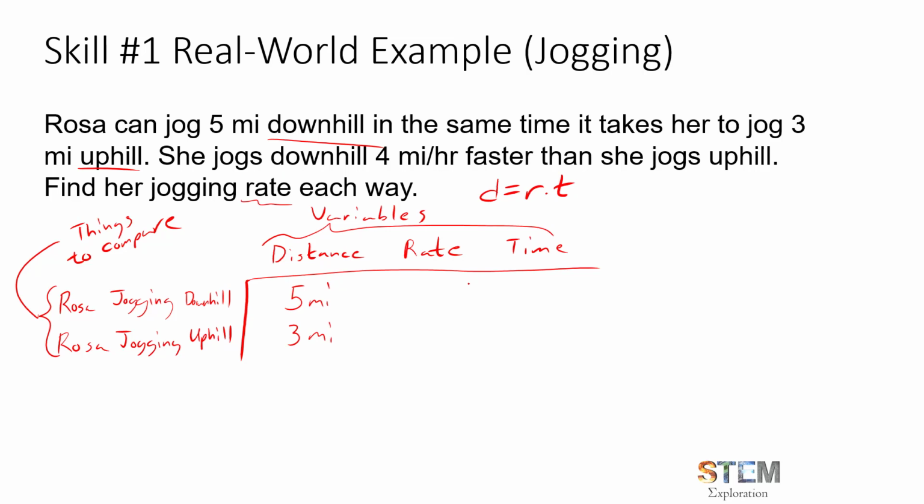Now, rate is something that is here, and we see that she jogs downhill 4 miles per hour faster than she jogs uphill. Okay, and so if we're comparing Rosa jogging uphill and jogging downhill, she jogs 4 miles faster downhill than she does uphill.